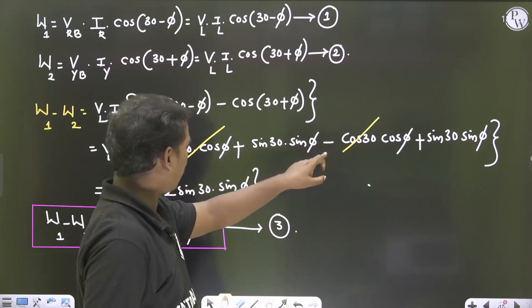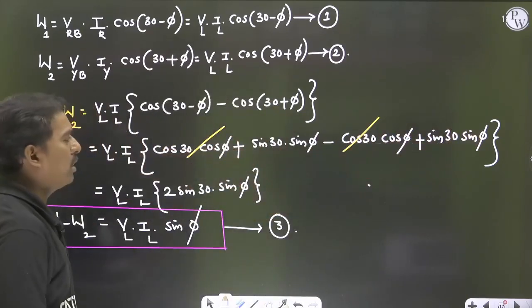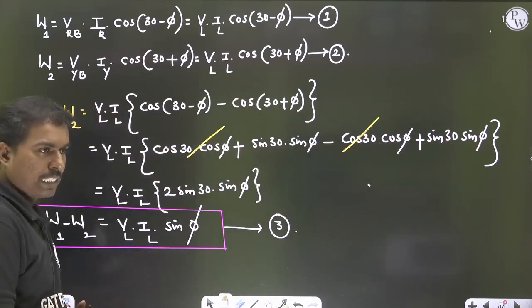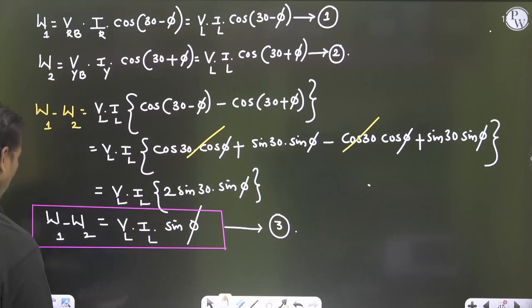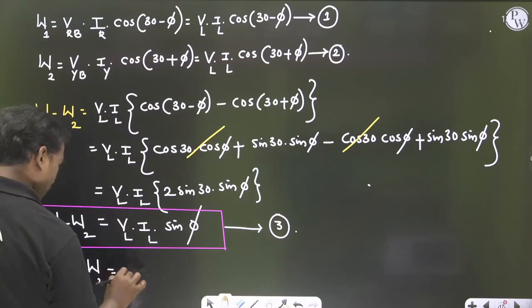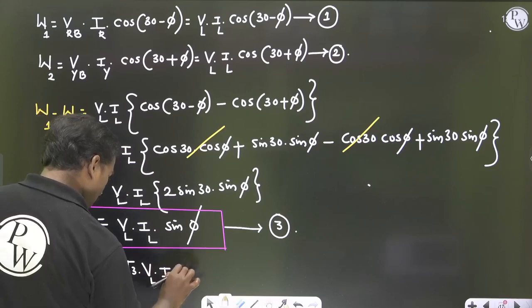Plus means the sine terms get cancelled, and cos 30 means root 3 by 2, so 2 root 3 by 2 cos phi, the 2 gets cancelled, root 3 cos phi will come. So W1 plus W2, what will we get? Root 3 VL IL cos phi.